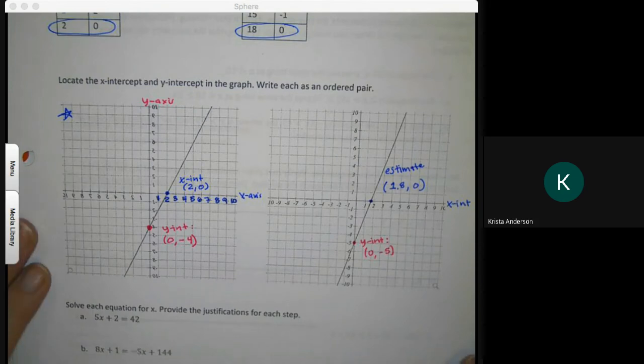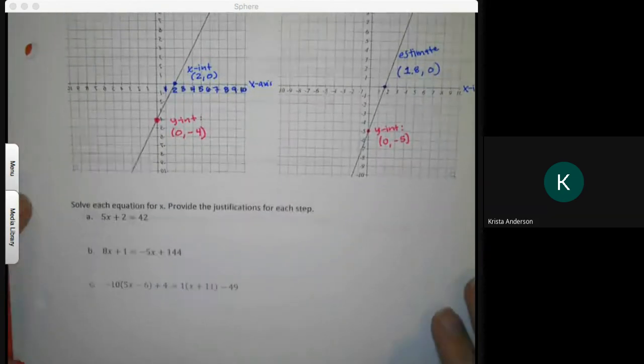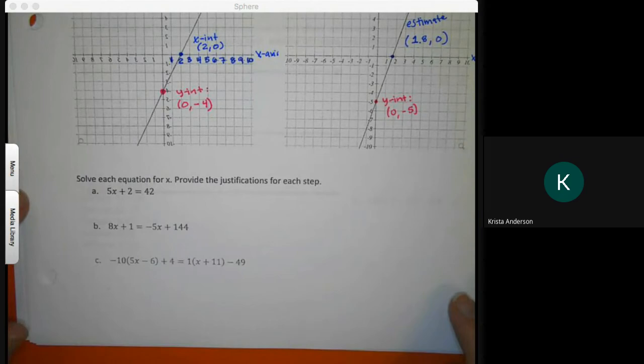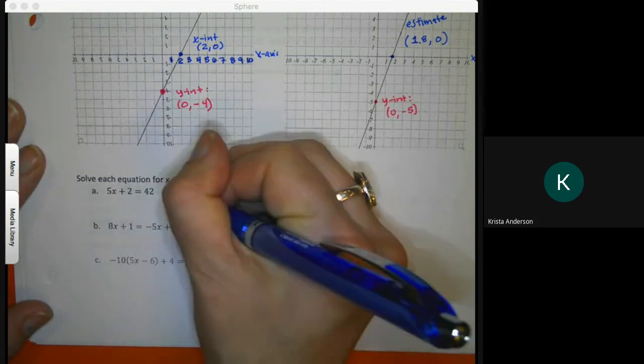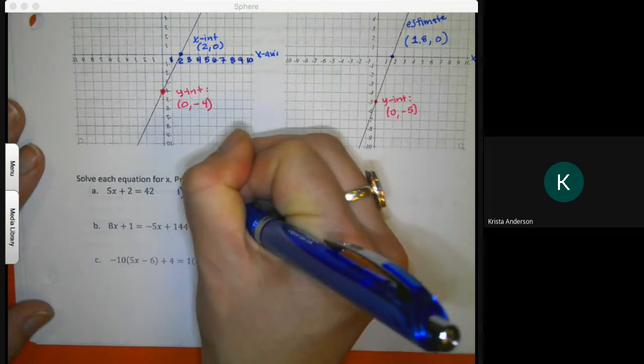The last 3 questions on your assignment are review from, I think, the first lesson. For this example, to solve for x, I would first subtract 2.